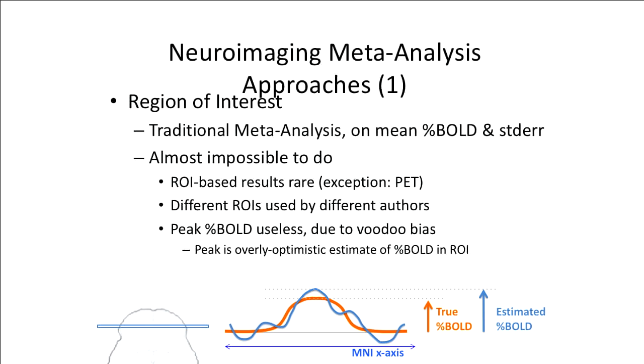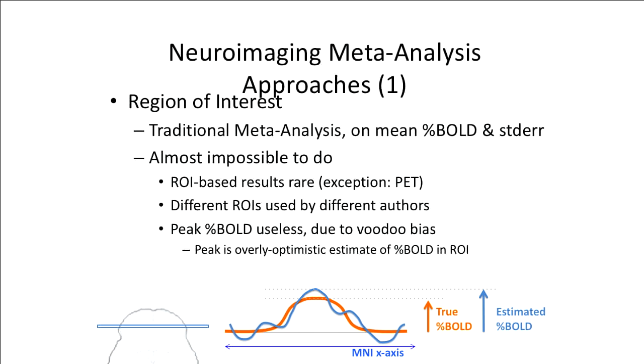But the problem is this is influenced by a problem called selection bias, sometimes known as the voodoo correlation problem. That is, if you could scan all the subjects in the world and create a study with thousands and thousands of subjects, you would get this blue line here. But for your one study of only, say, 15 subjects, you're going to get a noisy version of this. And the peak of this is always going to be, in general, larger than the true, perfect, noise-free version of that activation.